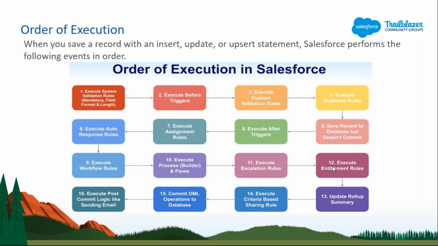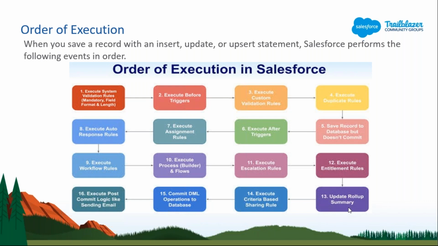And then this other thing will be fired. So process builder, then execute escalation rule. There are some other rules which are not as important, but you can go through them once you have time, and you can find them on Trailhead or the help document on Salesforce. And then it will come to update roll-up summary field.